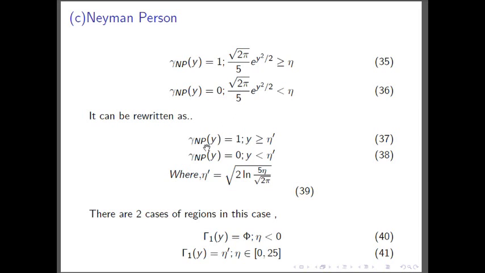It can be rewritten as gamma NP of y is equal to 1 for y greater than or equal to eta dash, and is equal to 0 for y less than eta dash, where eta dash is equal to the root of 2 ln of 5 eta divided by root 2 pi. There are two cases of regions in this case, which are given by gamma 1 of y is equal to 5 for eta less than 0, and is equal to eta dash for eta belongs to [0, 25].